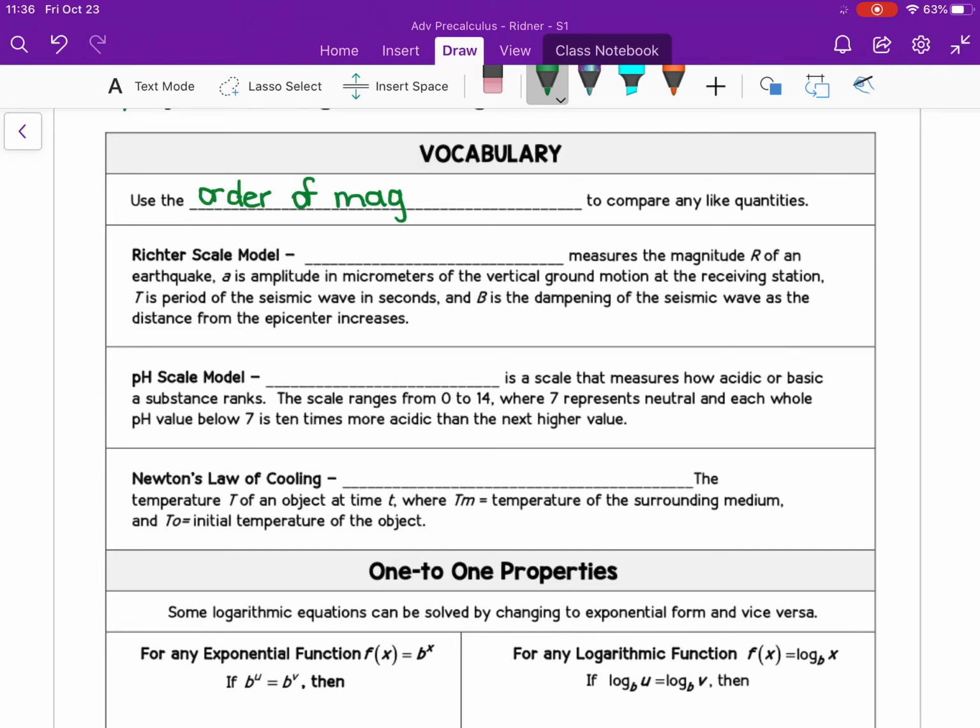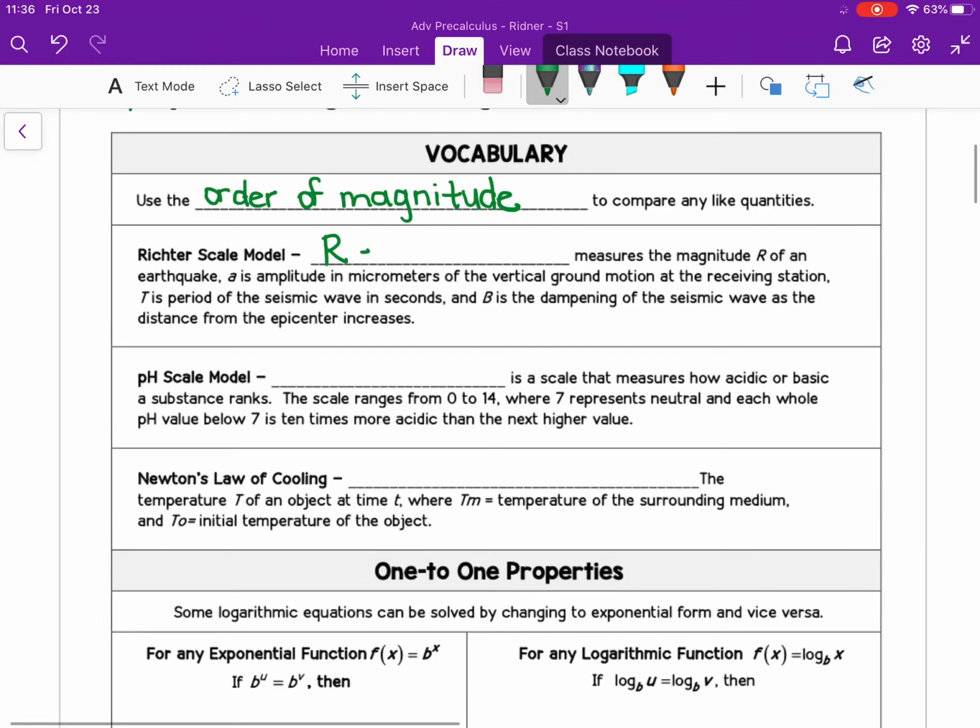Some other things that are really common are any type of earthquakes deal with log. So we want to know what order of magnitude is and the Richter scale. So the Richter scale is R equals log A over T plus B. All the things there tell you what they are.